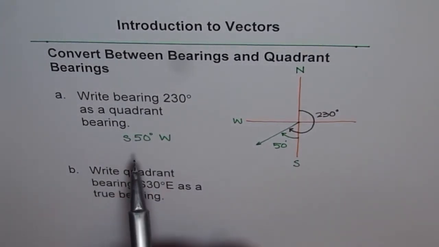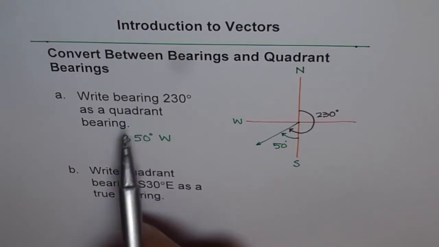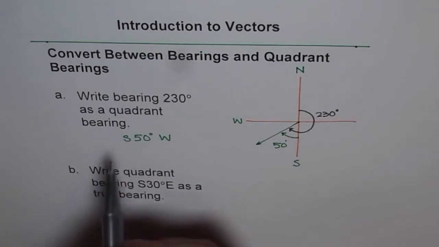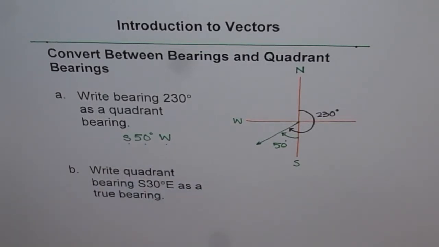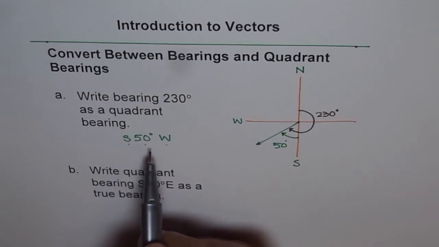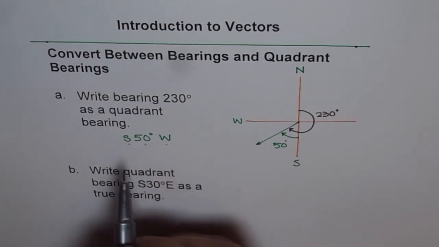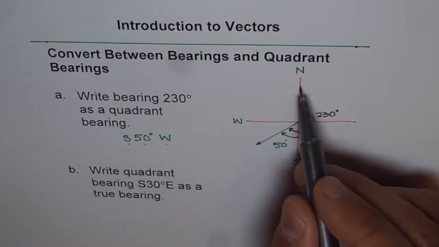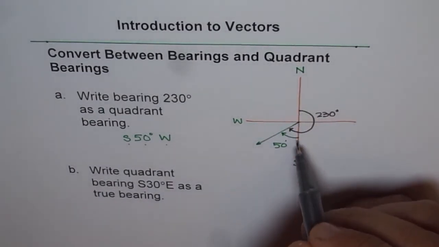Remember, quadrant bearing has 3 components, 1, 2 and 3. I'm taking this opportunity to once again explain these numbers written for a quadrant bearing, right? This is either from south or north, right? So it is this line.